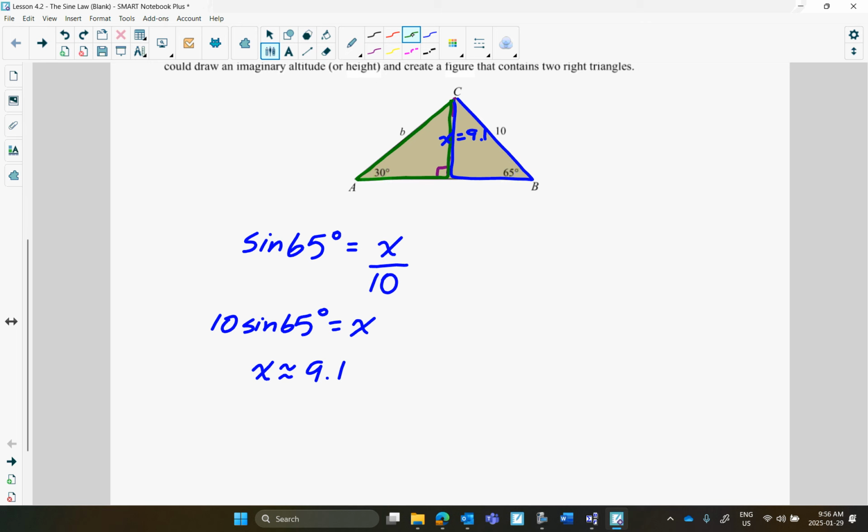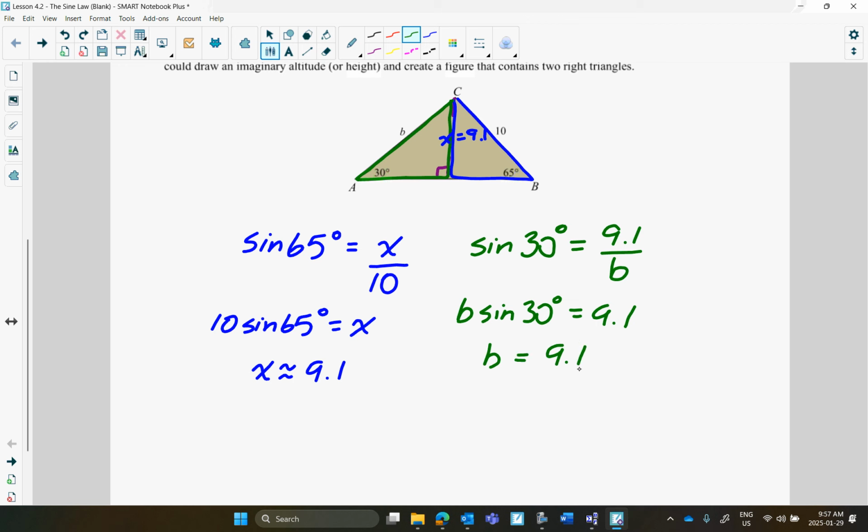Sine again, 30 degrees equals 9.1 over B. Multiply everything by B to clear the fraction, and you get B times the sine of 30 degrees is equal to 9.1. Divide both sides by sine 30. And if I was a guessing man, I would say you get exactly 18.2.